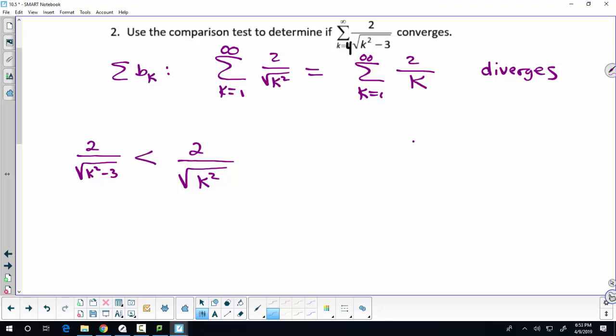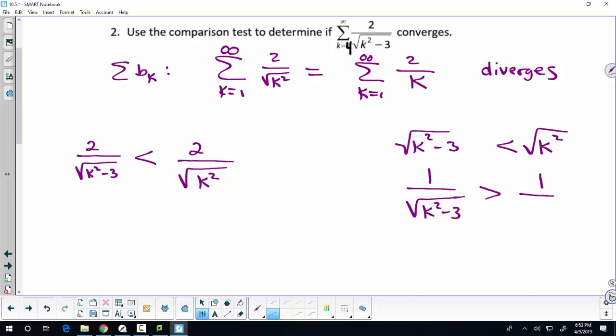If you're unsure, start off with k squared minus 3 versus k squared. Clearly k squared is larger. We take the square root, it doesn't change. But we need to look at the reciprocal, so when we reciprocate, we have to change the inequality. Multiplying both sides by 2 doesn't really change that.